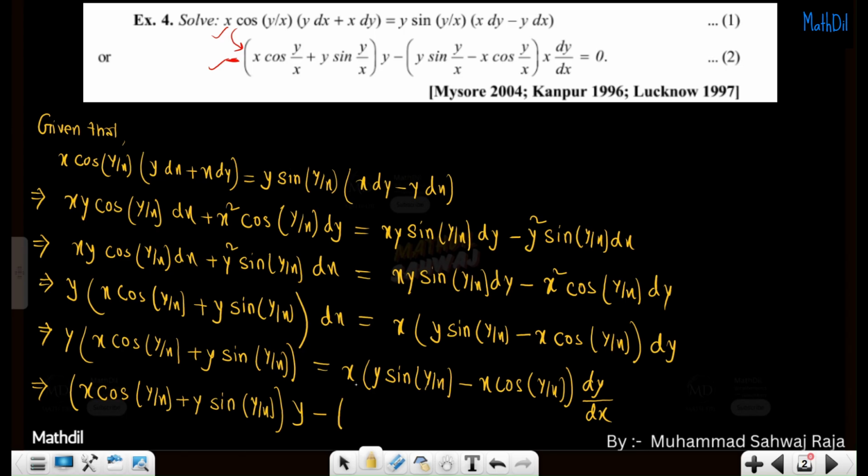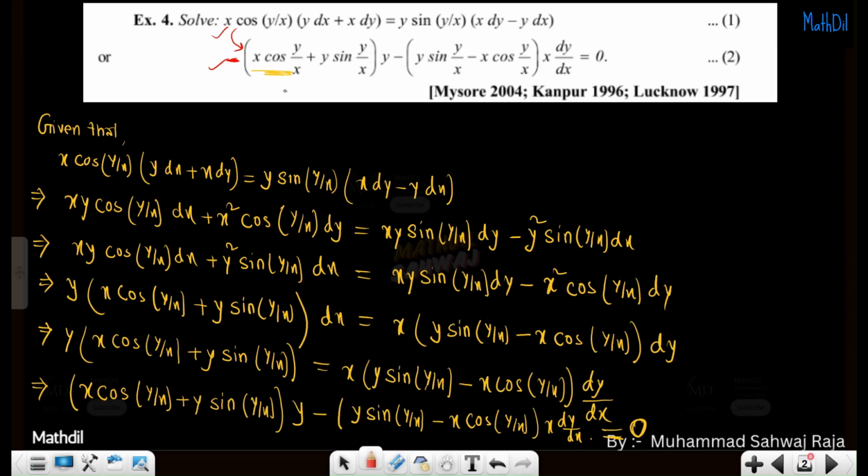Now write this x to this side: y by x minus x cos(y/x). x is my common, then dy by dx. What remains on the right-hand side is nothing, means 0. So what is this? x cos(y/x). Let me change the color.